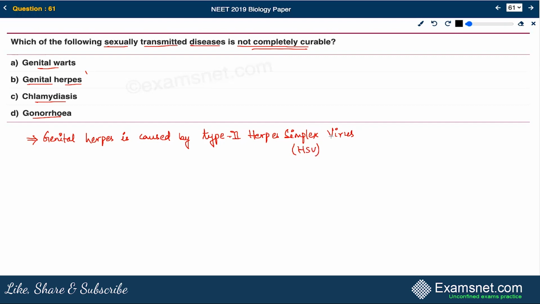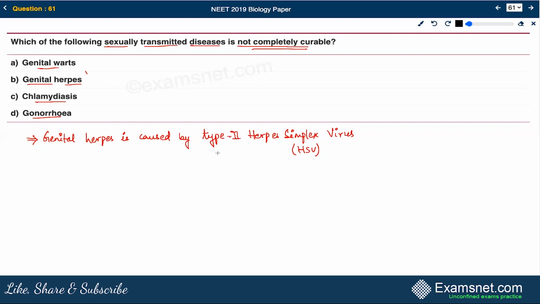There is no cure as such available for genital herpes, but for genital warts, chlamydiasis, and gonorrhea, vaccinations and medicines are available for treating these diseases.